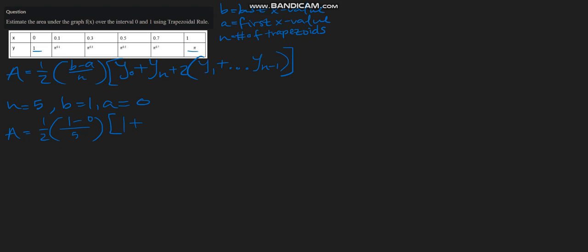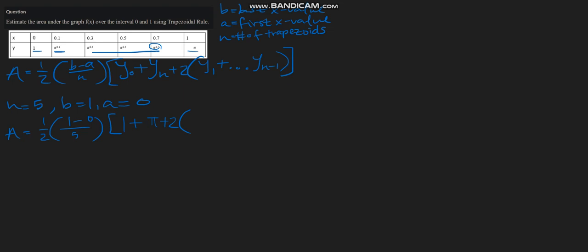That's the pi, so you can put that there. Now bring down the 2, so plus 2, parentheses. Now this is the first y value in between the first and the last. So this y1 is talking about that, and these little dots are talking about these values over here. And the very last one, yn minus 1, is talking about that.